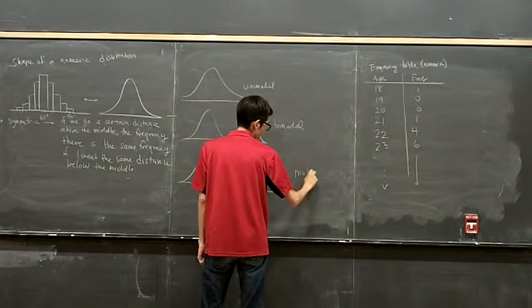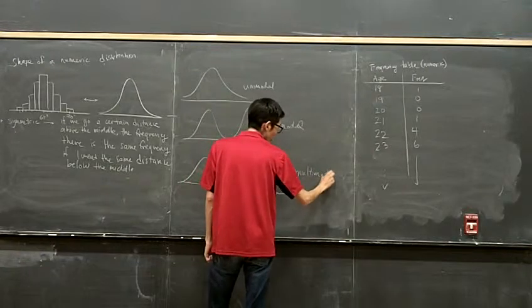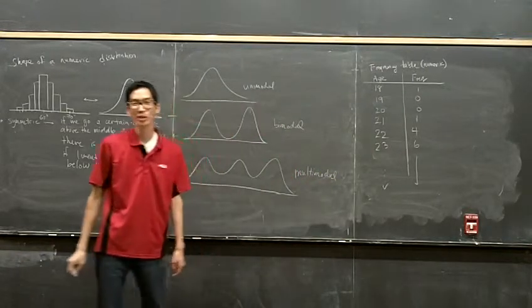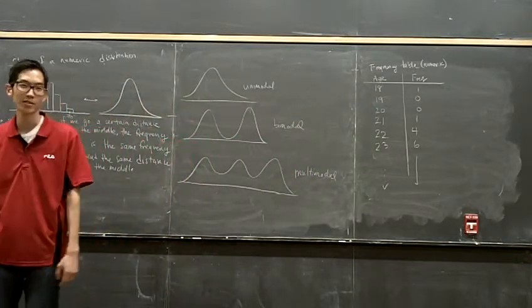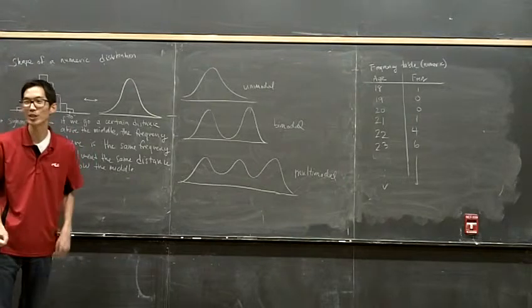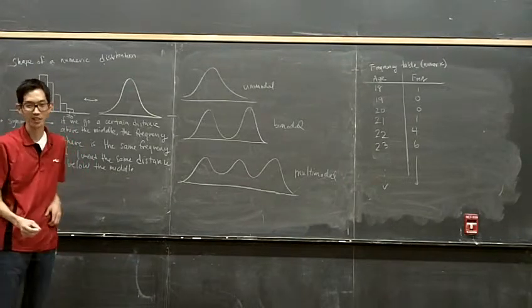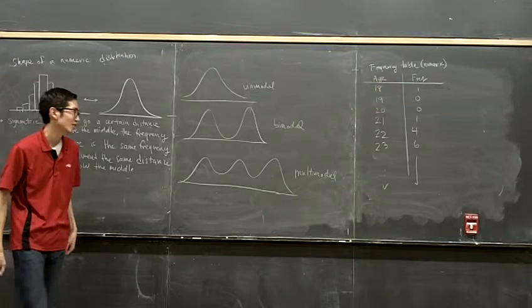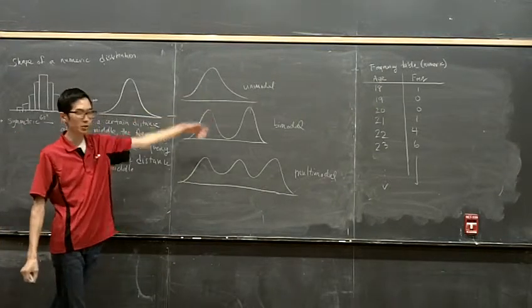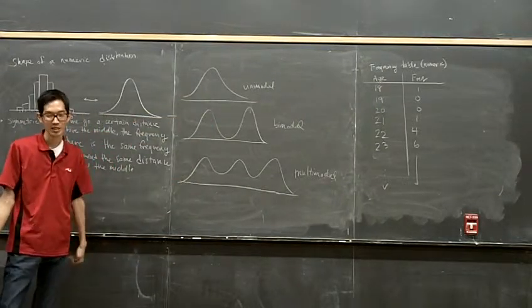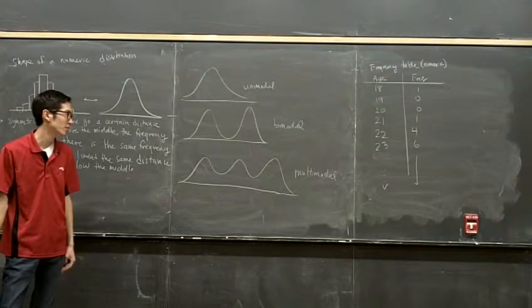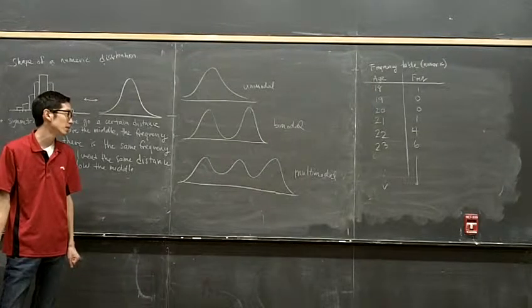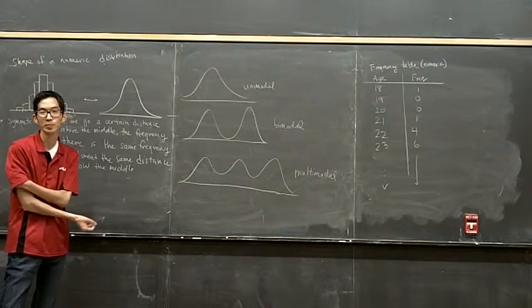So 1, 2, or many. I mean, you could say trimodal, quadmodal, although it's not very common. Usually unimodal and bimodal, multimodal. So what might something be bimodal?